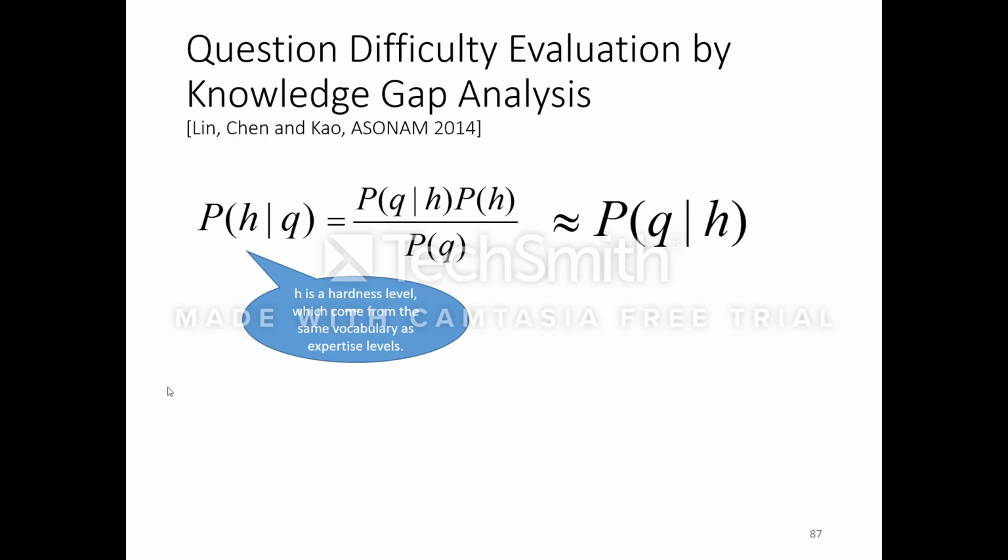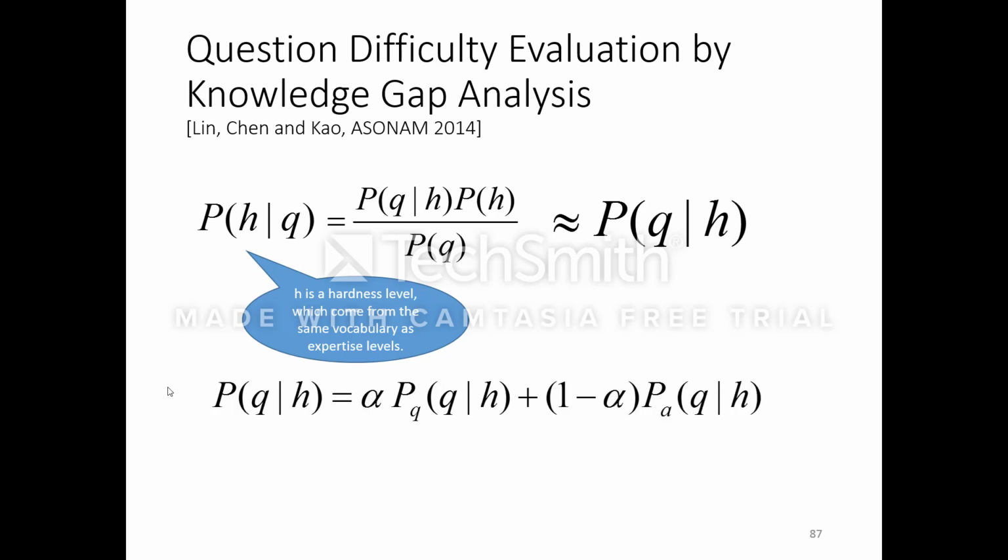You can ignore the other two terms, because the probability of hardness is going to be roughly the same for all the questions, assuming a reasonable distribution, and the probability of question doesn't matter because you're trying to score the hardness for the same question, so you can just take that out.